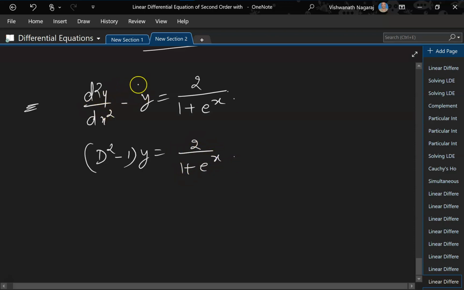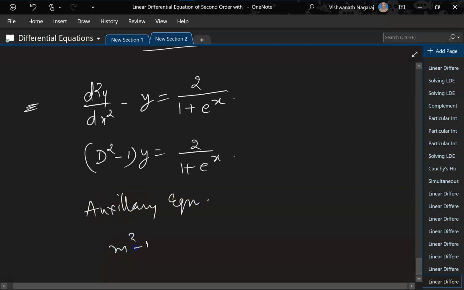Depending on the kind of problem we have, we may use different methods to arrive at the complementary function. Here, the complementary function can be found using the auxiliary equation.